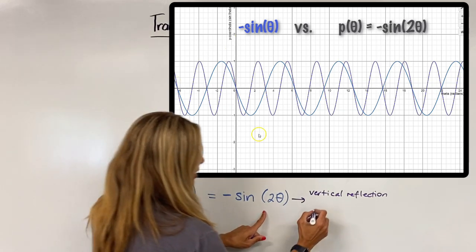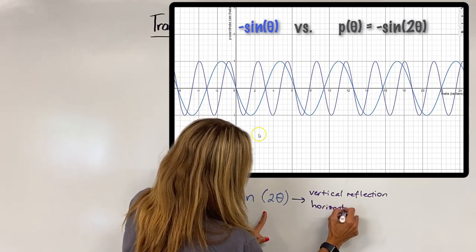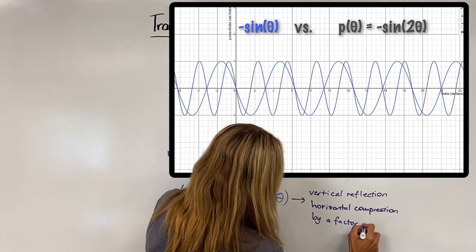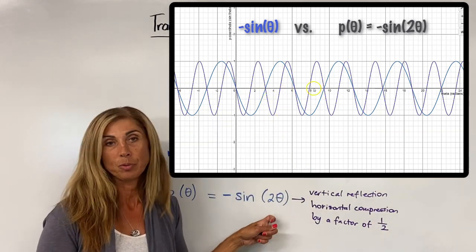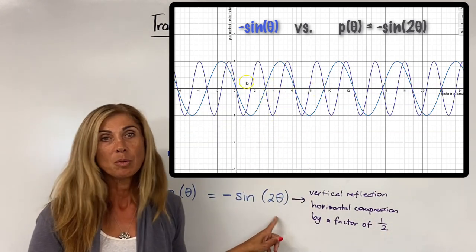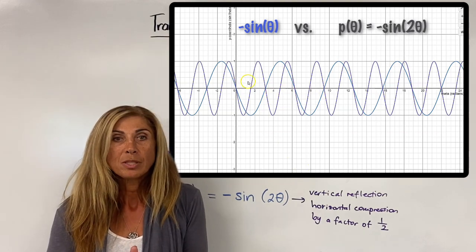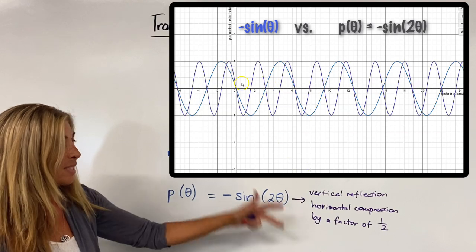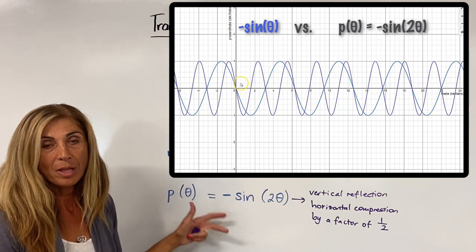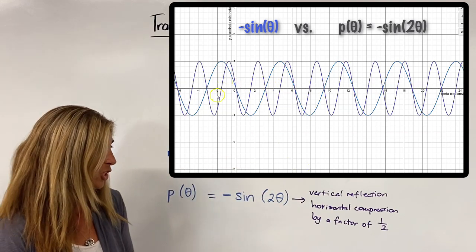So this actually is a horizontal compression by a factor of 1 over 2. It's always by a factor of the reciprocal of the number. So if this number was 0.5, in other words, it's going half as fast, it would take twice the time. So this particular example has 2 separate transformations occurring.